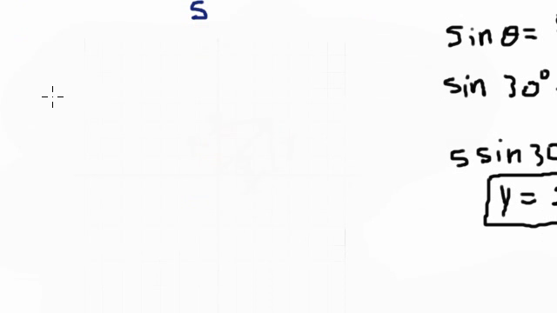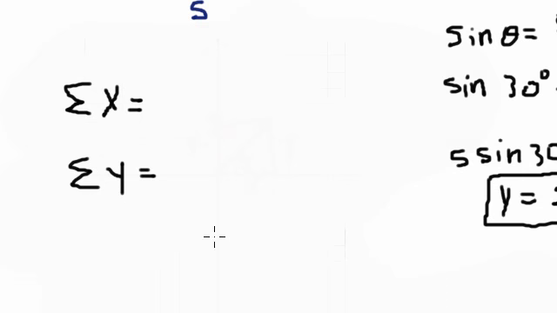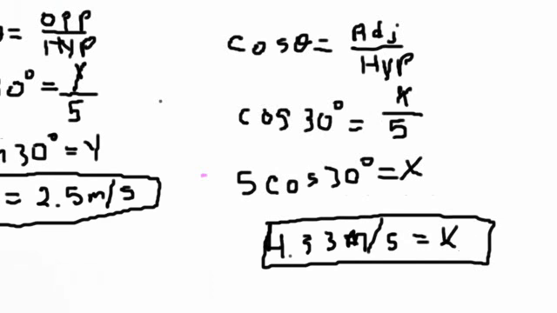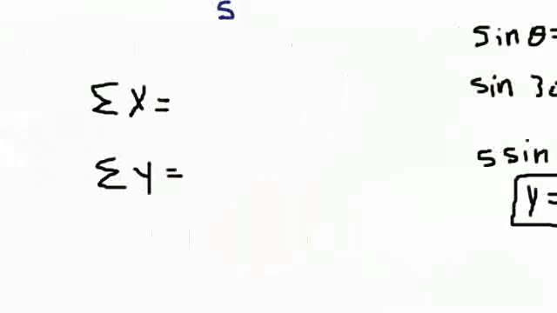So I'm going to write over here the sum of all the x components and the sum of all the y components of a vector. Alright, so let's see. Remember from over here, the original vector has an x component of 4.33 meters per second going to the right, so it's positive.